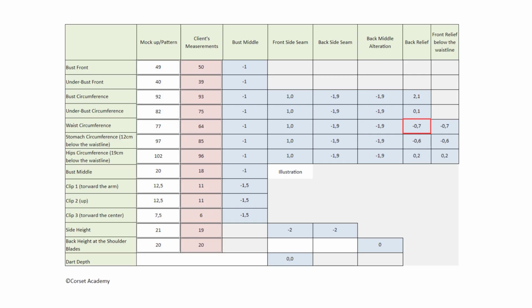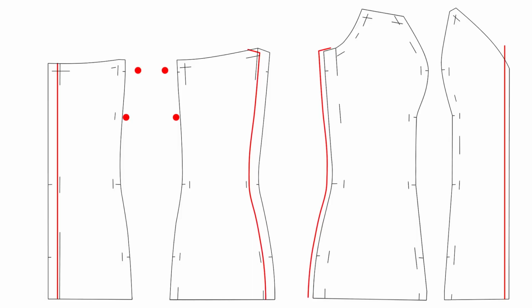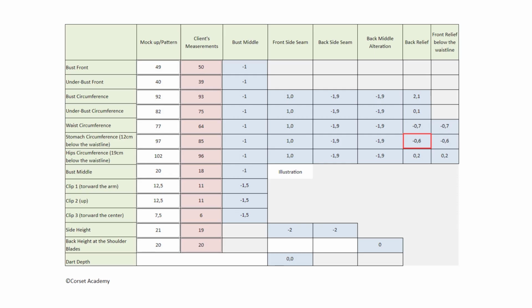The value on the waistline is negative 0.7 centimeters. Let's put the dots on the waistline negative 0.7 centimeters from the back relief on both parts. The value on the stomach line is negative 0.6 centimeters.